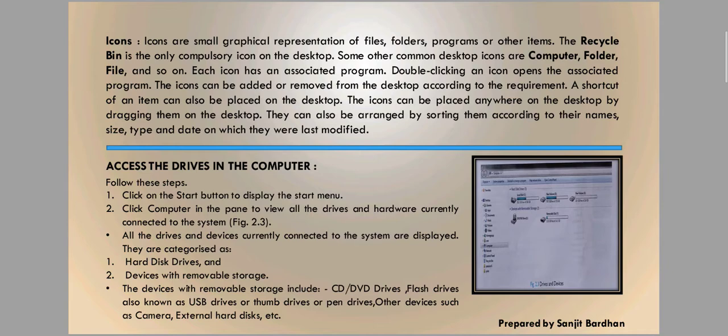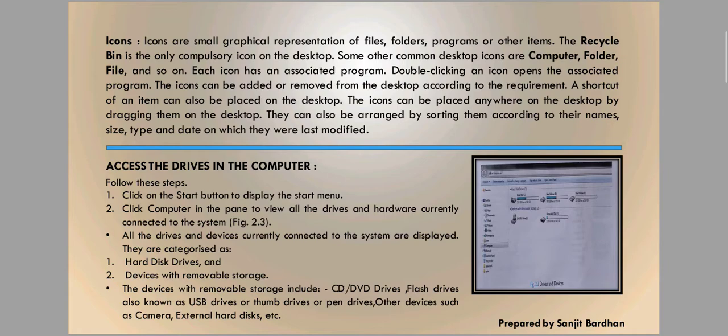Next thing is accessing the drives in the computer. We all know that a computer has a hard disk, and this hard disk is called the disk drive. Now we can learn about accessing drives in the computer. First of all, we need to click on the start button to display the start menu. We all know that when we want to open something, we click on the start button. Then click Computer in the pane to view all the drives and hardware currently connected to the system.